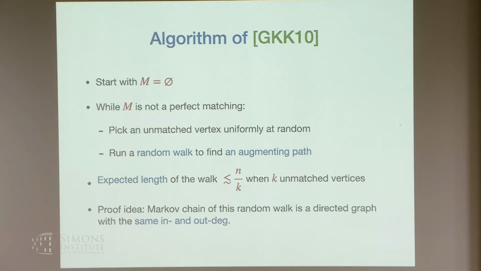The idea of why this is correct is to write the Markov chain of this random walk, and you see that it's a strongly connected directed graph with the same in-degree and out-degree. So you can compute its stationary distribution easily. You can figure out the hitting time, basically how long it takes for the walk to find another unmatched vertex. So it's very strong, and you can solve the problem this way.